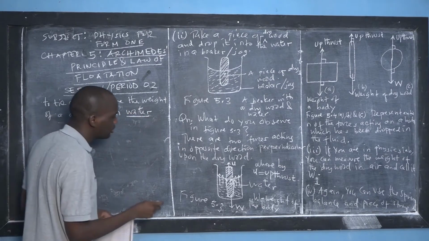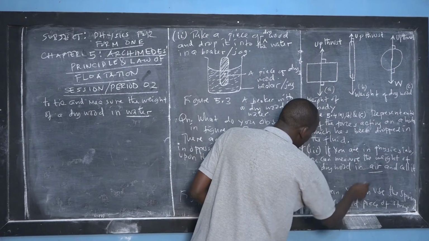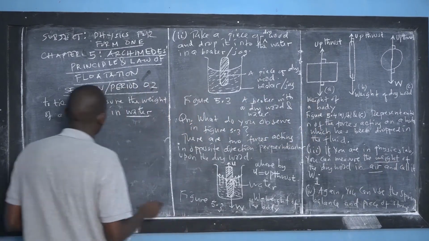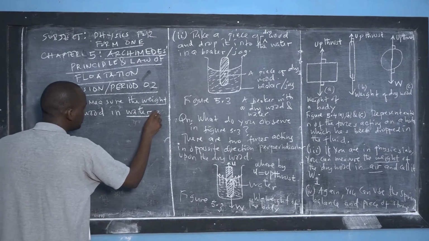So the weight of the dry wood in water we call weight 2, and this is different from the weight of the dry wood in air.